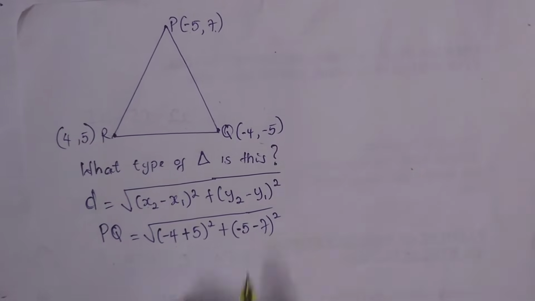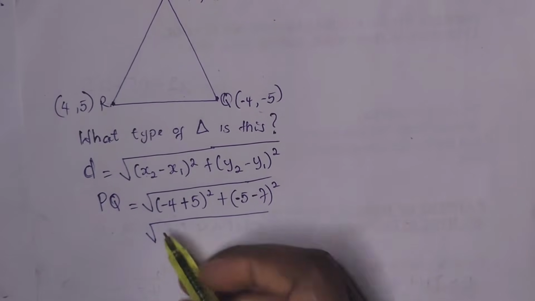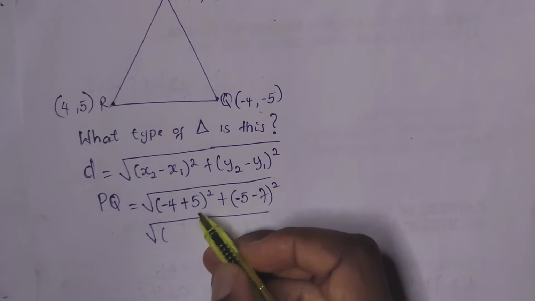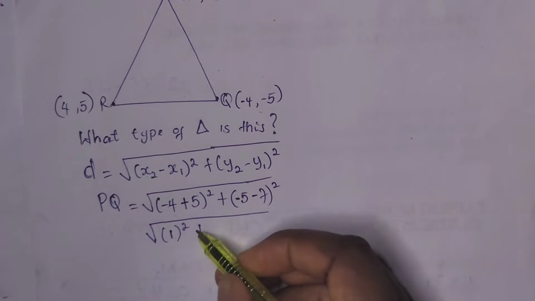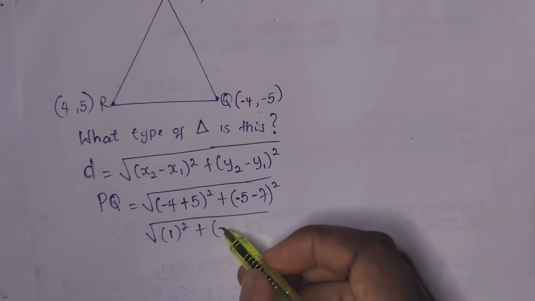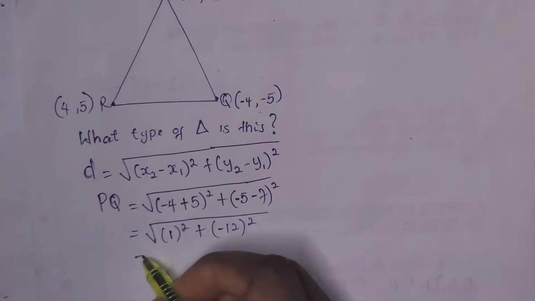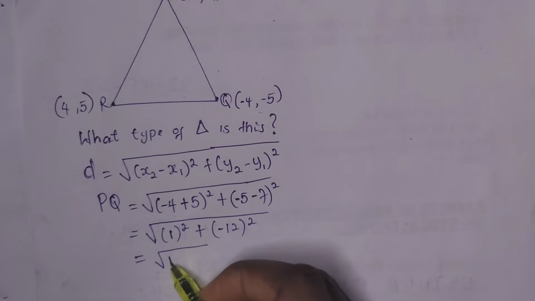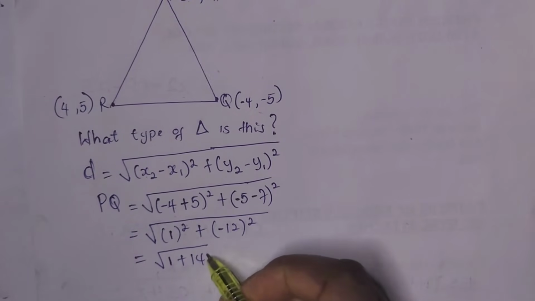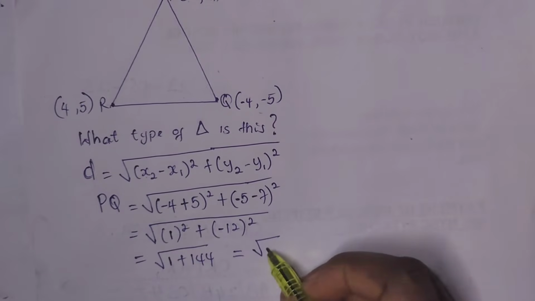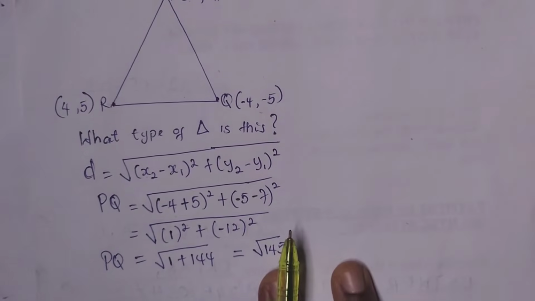So simplifying, -4 plus 5 is +1, all to the power of 2, plus -5 minus 7 is -12, all to the power of 2. So this is equal to 1 times 1 is 1 plus 12 to the power of 2 is 144. So this is equal to root 145. So line PQ is root 145.